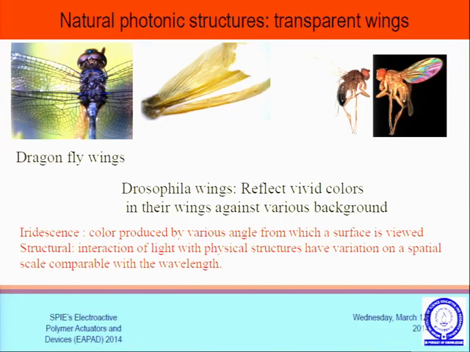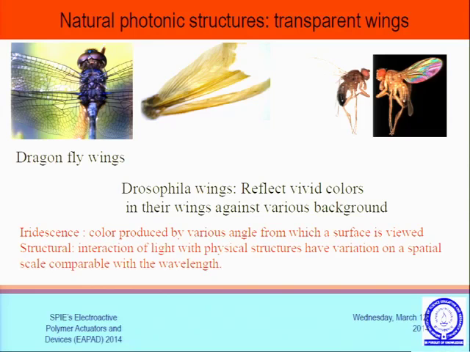This insect comes in the rainy season and starts roaming around lights at night. The insect has wings which are not perfectly transparent, and the microstructure arrangement on the wing surface is not perfectly ordered. It is a quasi-ordered structure.